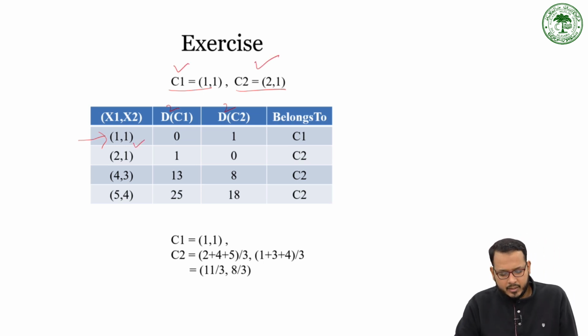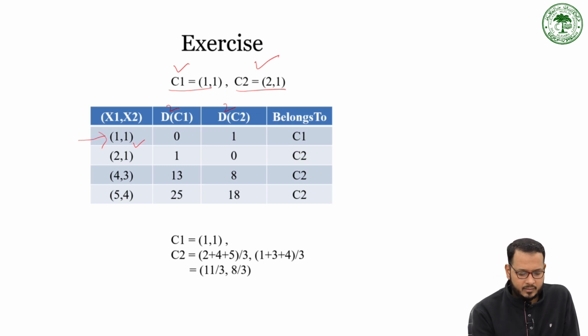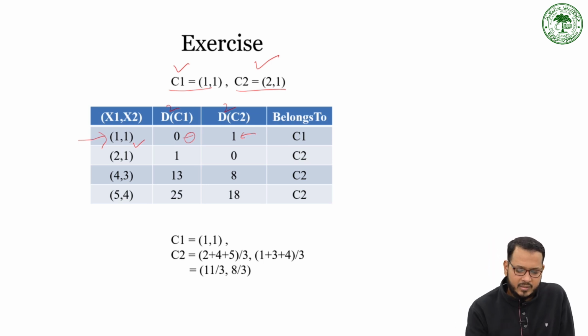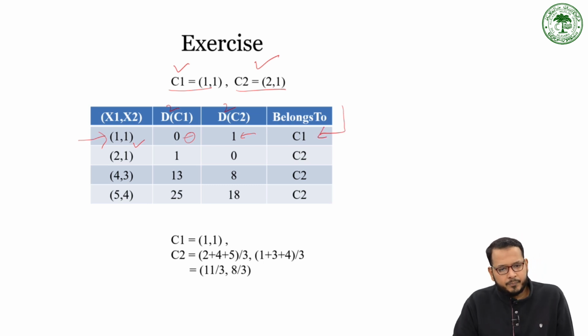When we do that, we will see that it is closer to C1: the distance is 0, and it is 1 unit away from the other cluster, C2. Obviously, it is closer to C1, so we will say that this specific point belongs to C1.